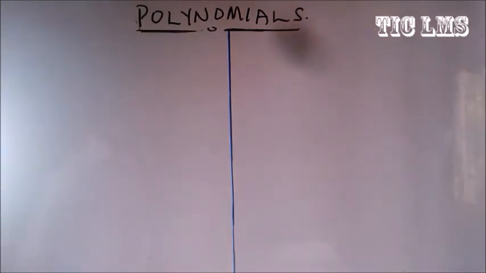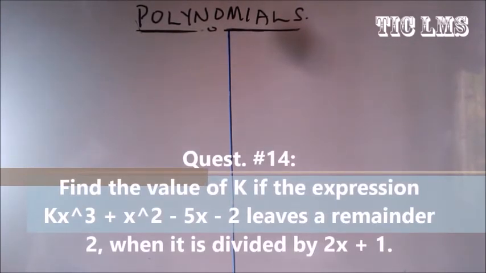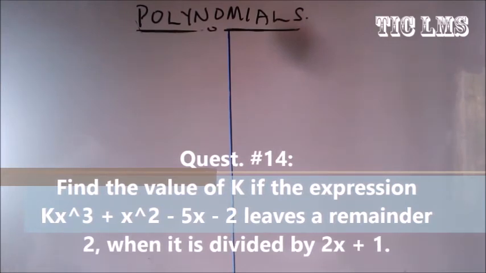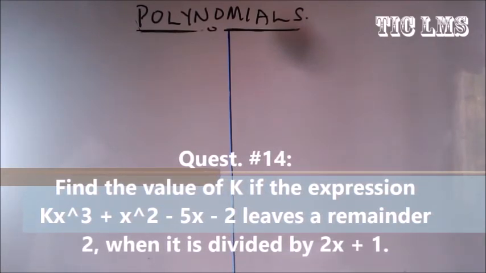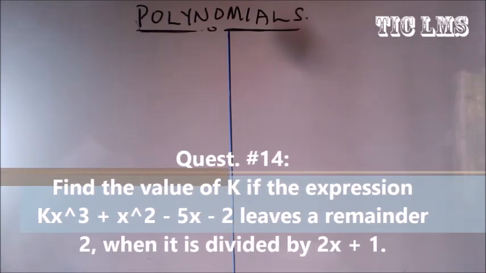Next question says that find the value of k if the expression kx cubed plus x squared minus 5x minus 2 leaves a remainder 2 when it is divided by 2x plus 1.